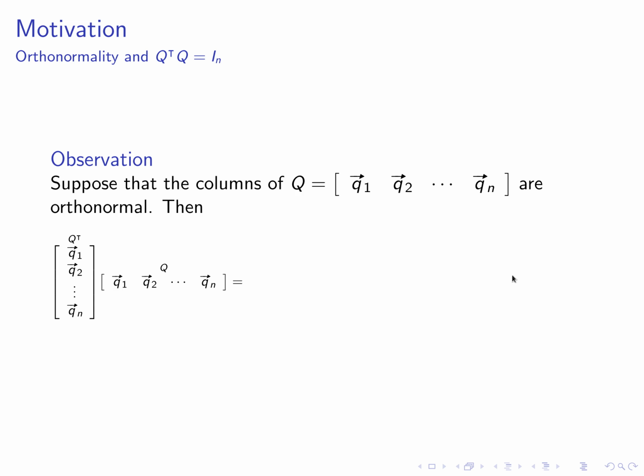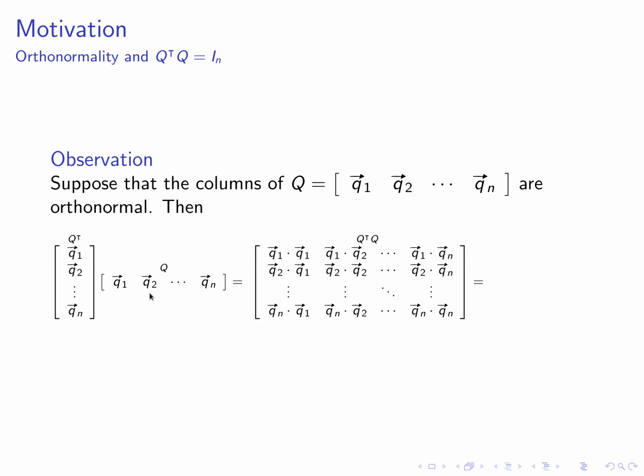Well, if we take the row perspective on matrix multiplication, the first entry should be obtained by taking the first row of this matrix on the left, so Q1, and dotting with the first column of the matrix on the right, Q1. The 1, 2 entry would then be equal to the first row of this matrix on the left, Q1, dotted with the second column of this matrix on the right, Q2, and we repeat this process until we take all n squared of these dot products.